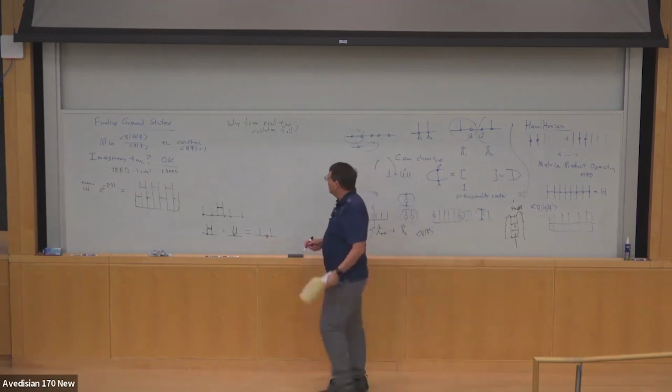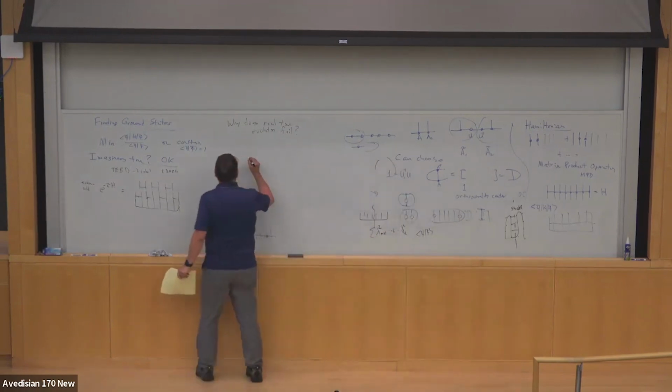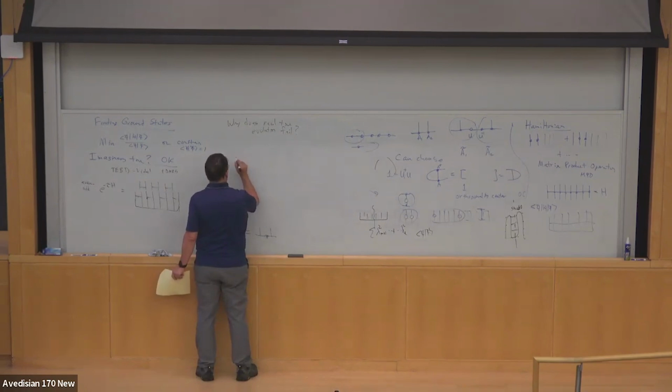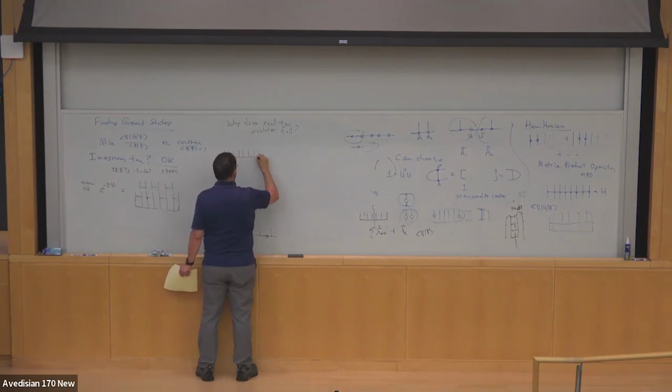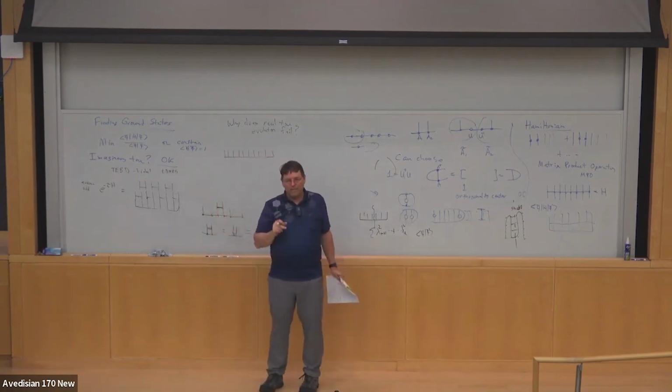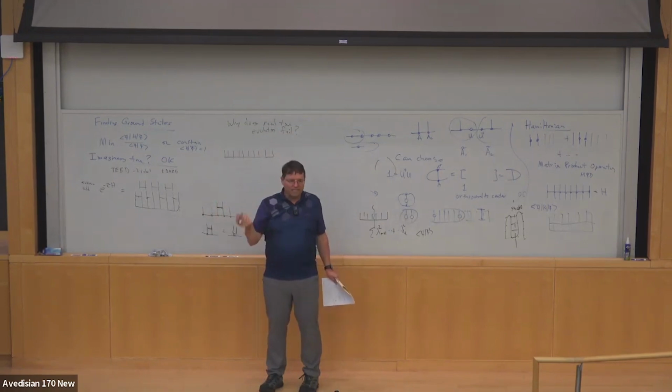Okay, so one of the things that we often want to do for practical reasons is we take the ground state, which we found in some way, and then we want to flip one spin. And this mimics an experiment like photoemission where a photon has come in and flipped the spin.